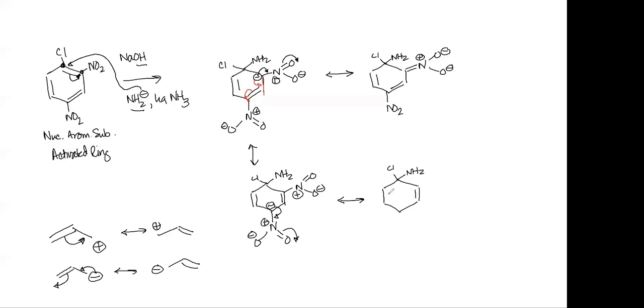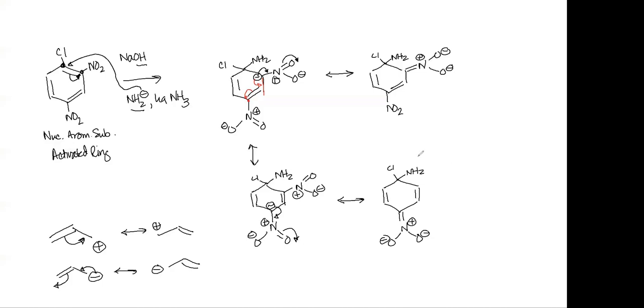So that now I have my double bonds. Now I'm going to have a double bond to the nitrogen with 2 O minuses. So those are our 4 resonance structures for this intermediate.